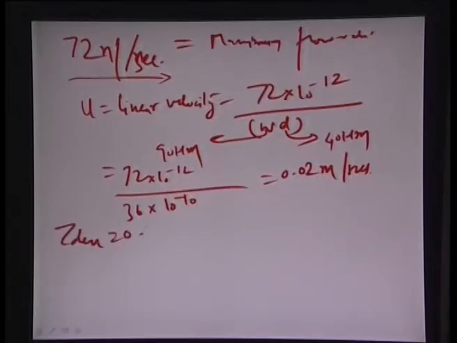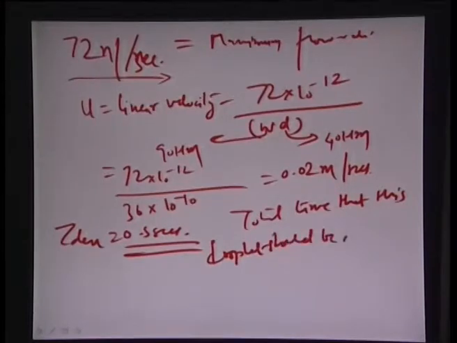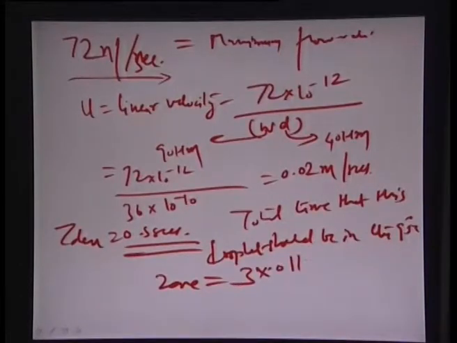So the time required for passing through the denaturation zone, assuming the denaturation time to be about 0.5 seconds as has been given in the problem statement, is essentially the total time that this droplet should be in the 95 degrees zone: 3 times the time constant, 0.011 seconds times 3, plus 0.5.